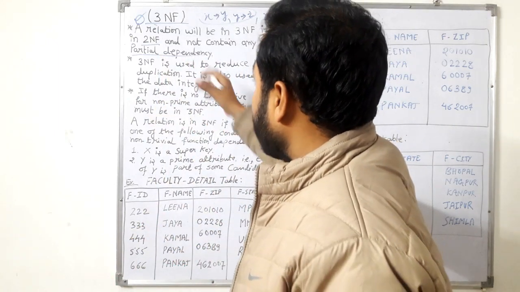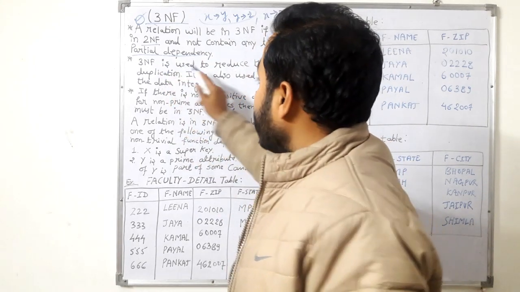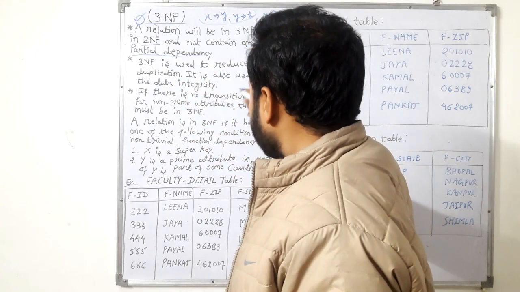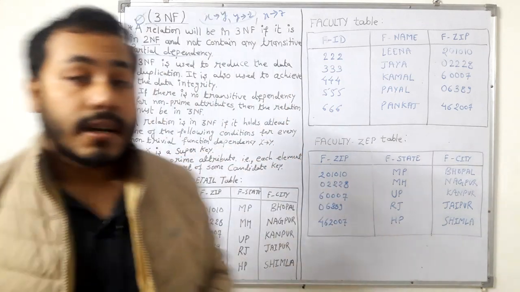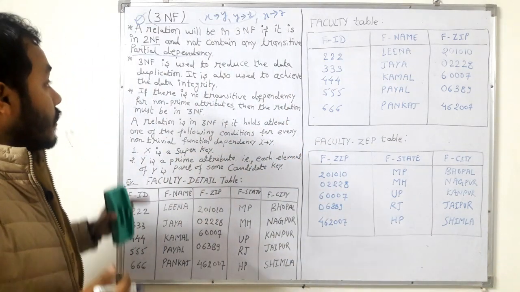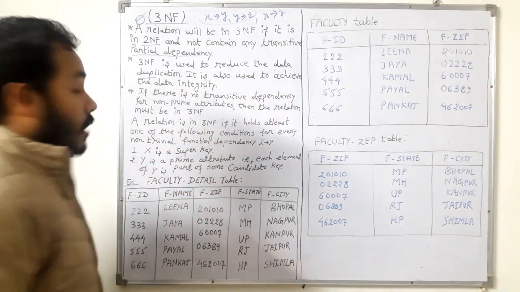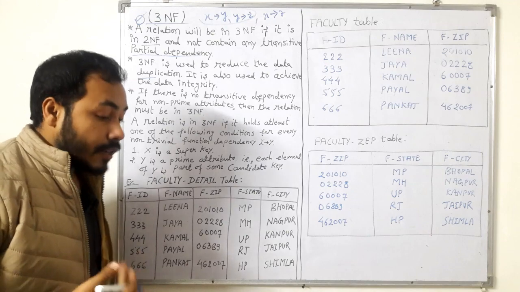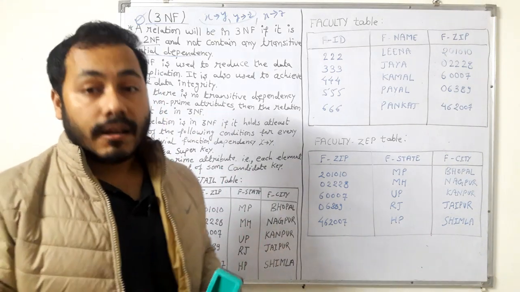Then let's discuss some features of third normal form. Third normal form is used to reduce data duplication. It is also used to achieve data integrity. These facts we have already discussed in some previous lectures. Obviously, for this purpose, data duplication is not allowed, or indirectly we tend to reduce the redundancy.